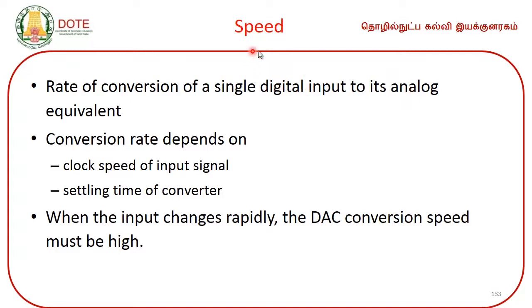So naturally it is one of the important specs of the DAC. Obviously we would select a high speed DAC, because we need to convert the input data as fast as possible. So conversion rate depends on what? It depends on the clock speed and settling time of the converter, right?